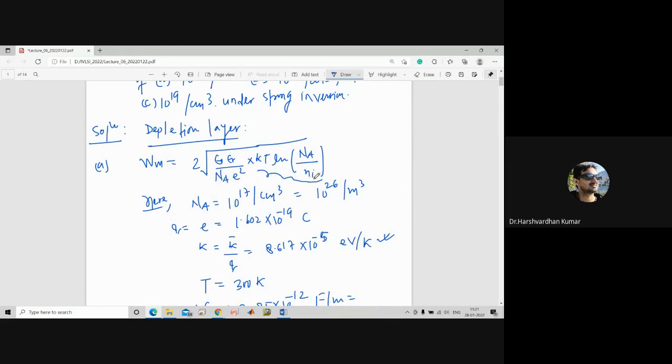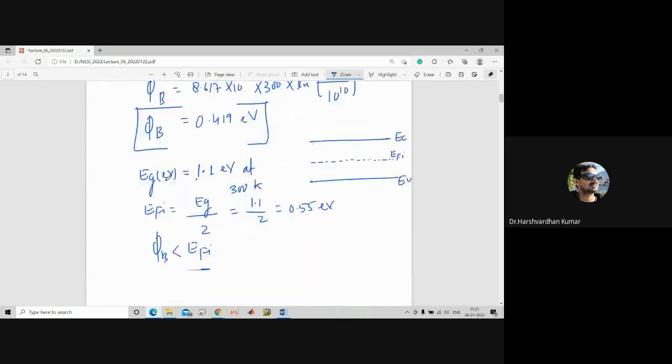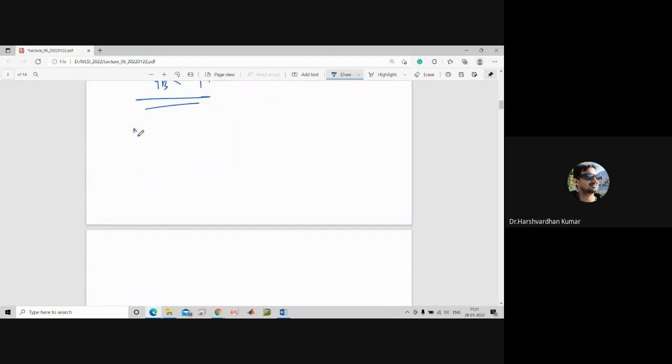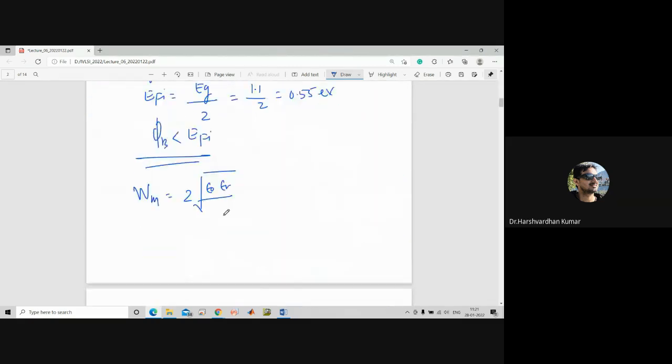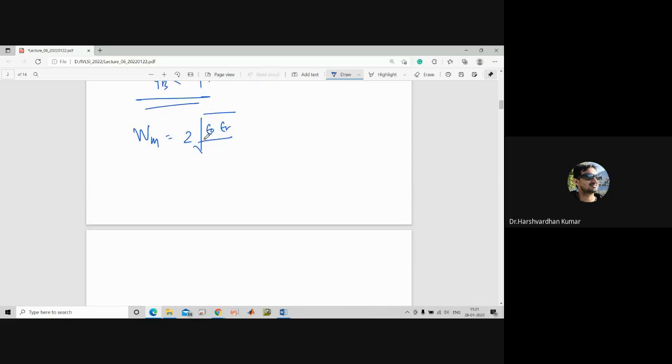Phi b means kT ln Na by Ni. You have already calculated it. Now just substitute this value in these equations and calculate the depletion layer width, that is Wm. Wm is equal to the square root of 2 epsilon-s by Na e square multiplied by phi b.